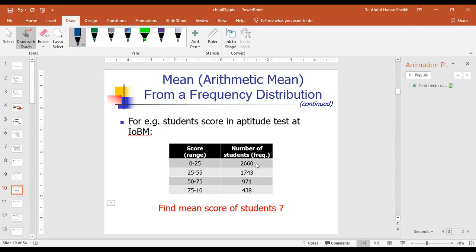Now, there can be many possibilities. How many have a 0 score, how many have a 1 score, 2 score, 3 score, 4 score, and so on. This is called raw data.